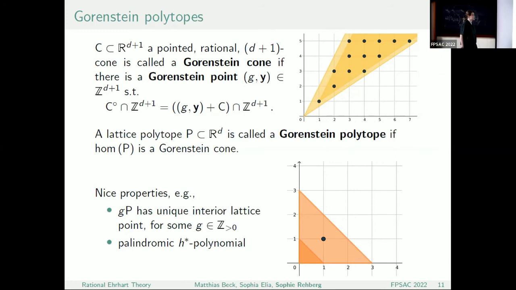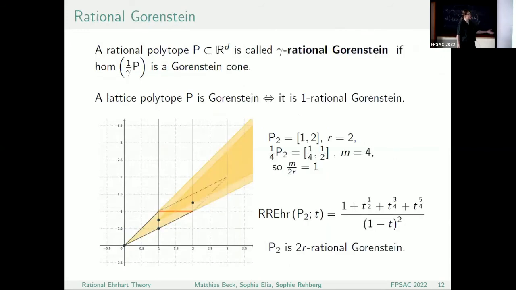Okay, and now we generalize this to gamma rational Gorenstein polytopes, where we say a polytope is gamma rational Gorenstein if the cone over 1 over gamma times this polytope is a Gorenstein cone. Why do we introduce this parameter gamma here? Because we need to do this for r and 2r, and we can do this for other parameters as well.